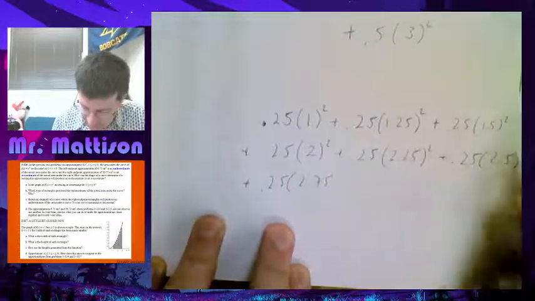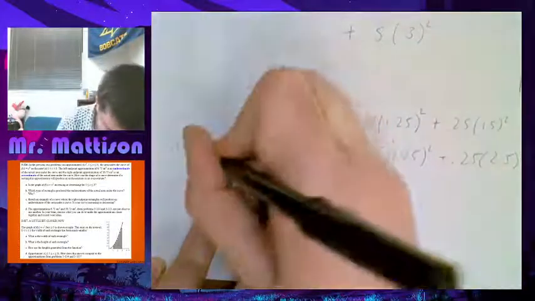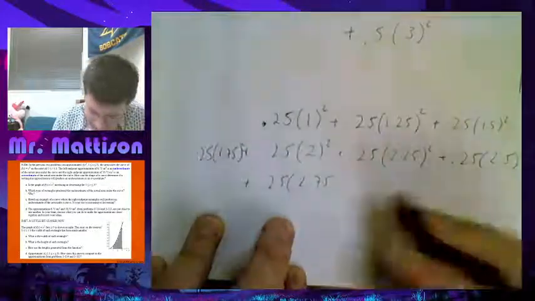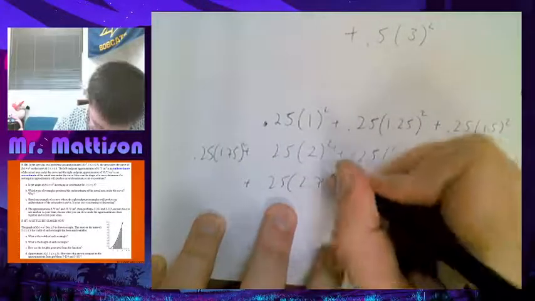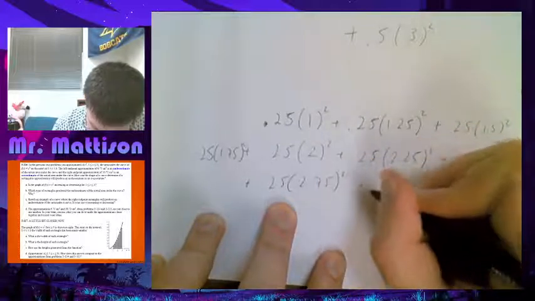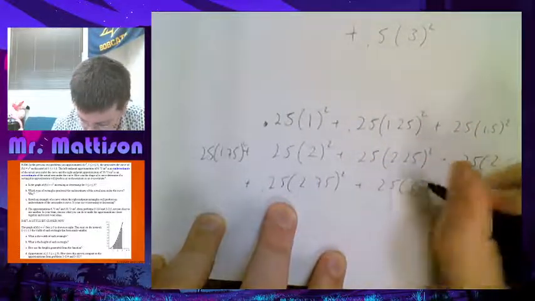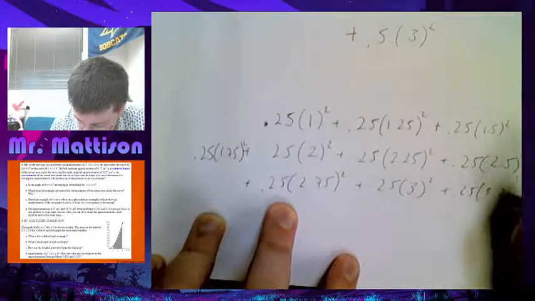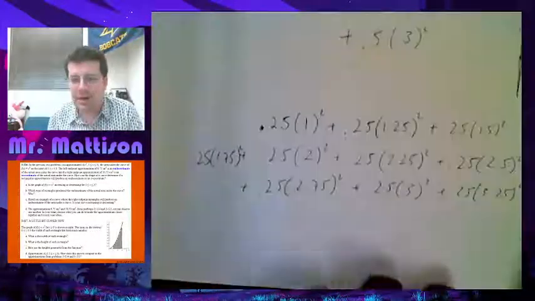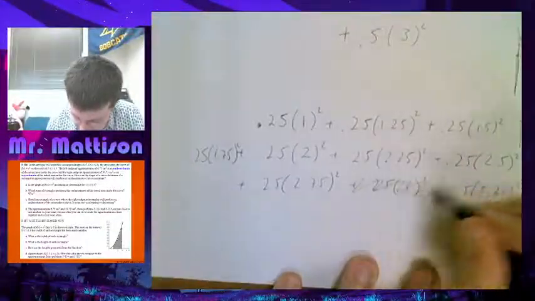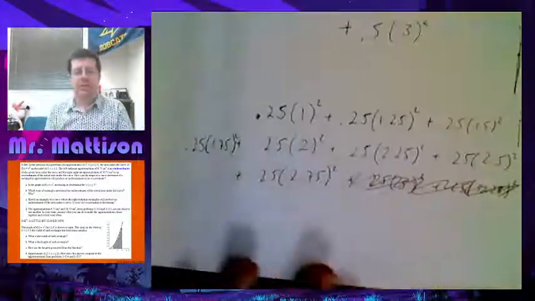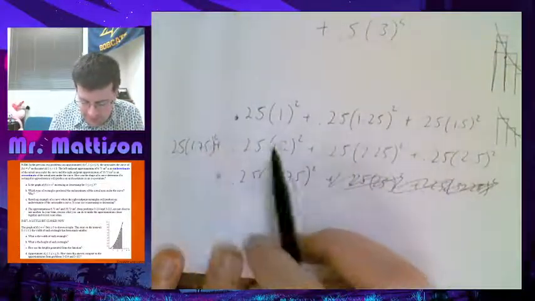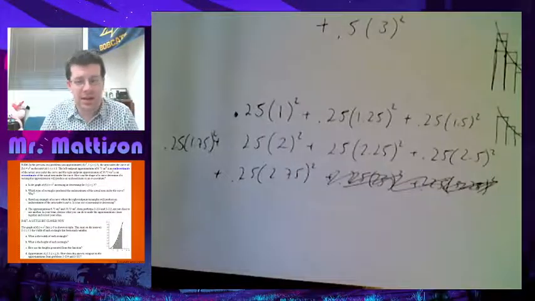Did I miss some? Yeah, I missed a 1.75 squared. Then 2.5, 2.75 squared plus 0.25 times 3 squared. Oh, sorry, I need to stop there. I went too far. I just got on a roll. So I've got all those: my 1, 2, 3, 4, 5, 6, 7, 8 rectangles that I'm going to have to add up.